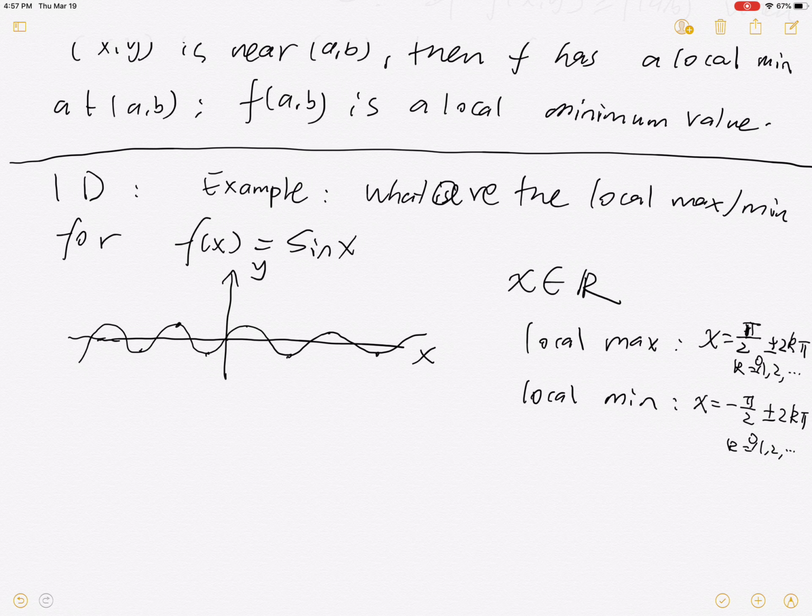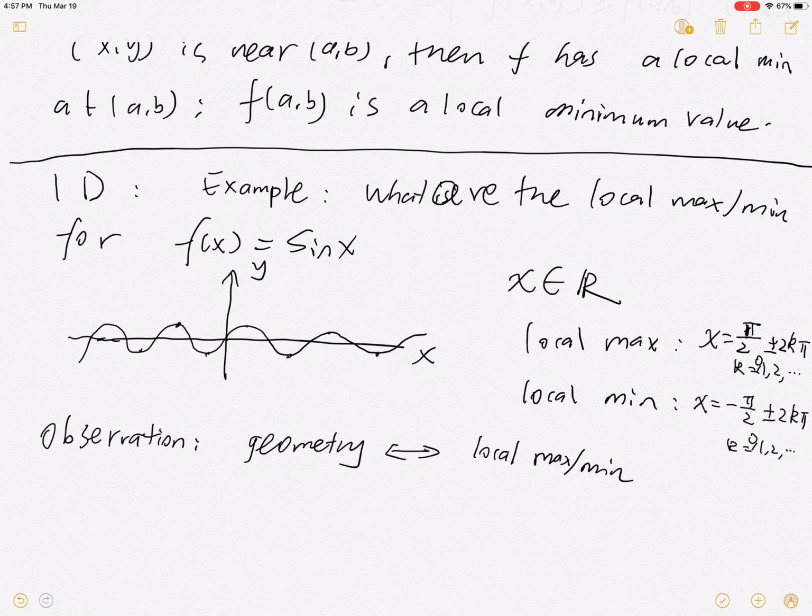Okay, if you look at the picture carefully, then actually we already know that for 1D, the geometry associated with the local extremal values, the local extremums, is as follows.